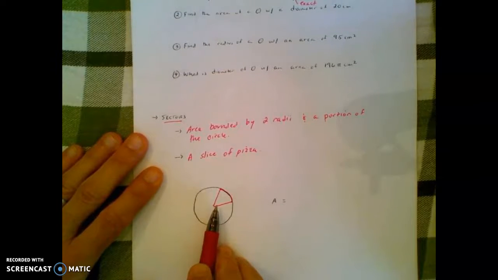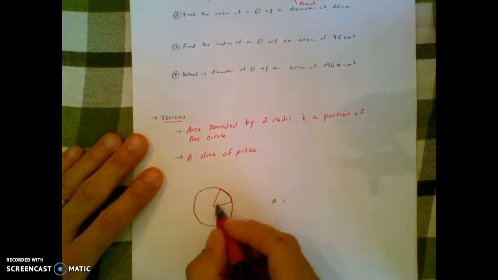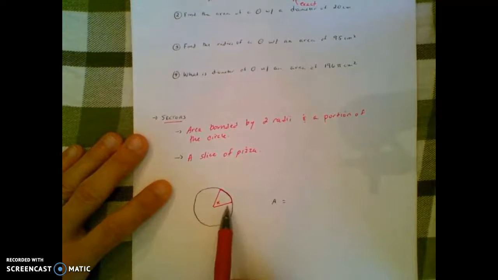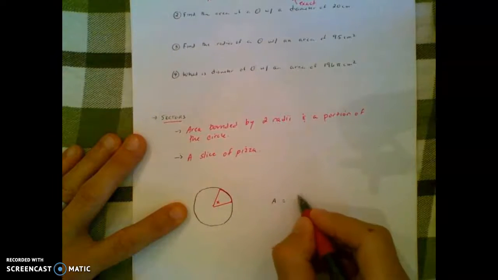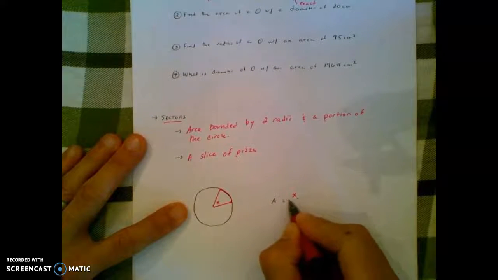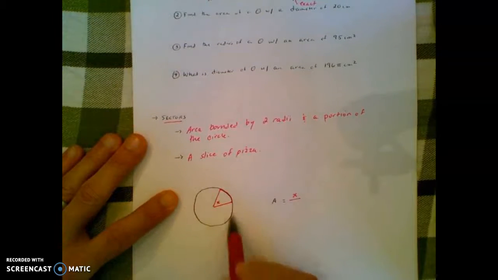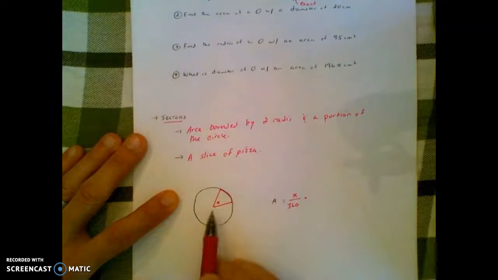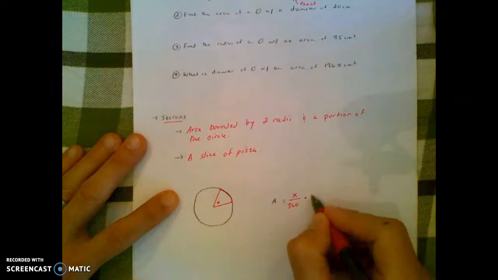Again, I like to think of it as a slice of pizza. But it's always going to have an angle measurement associated with it. And that would be this angle in here. So now the formula to find the area of that, we need to use that angle. What you do is you put that angle over the whole circle. The whole circle in degrees would be 360 degrees. And then it's a fraction of the area, which is going to be pi r squared.